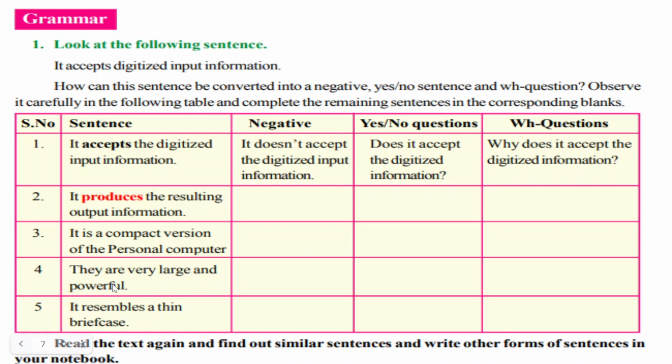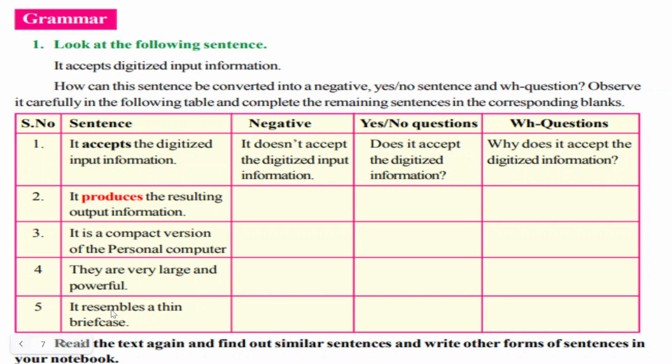Next, they are very large and powerful. Again, negative means they are not very large and powerful. For yes or no type questions, you just bring this are out of the sentence. Are they very large and powerful? Why are they very large and powerful? It's a WH question.